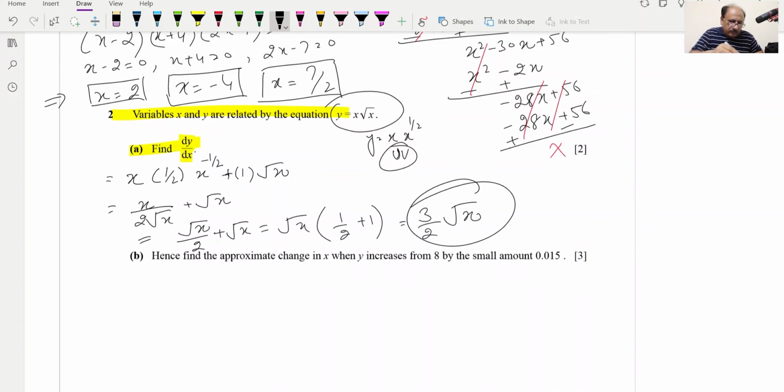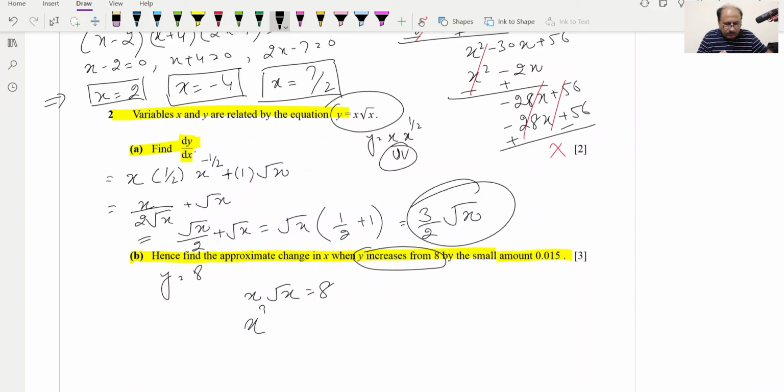Hence find, b part says hence find the approximate change in x when y increases from 8 by the small amount 0.015. So y is equal to 8, and we can write it as x square root of x is equal to 8.